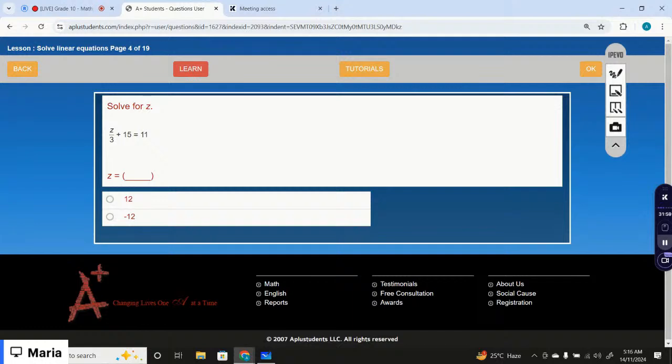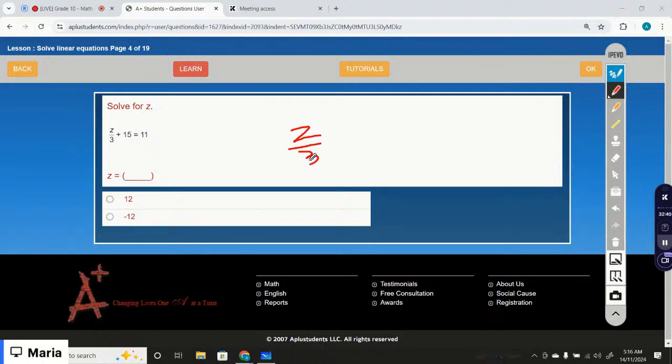Solve for z, so which is the correct option? You have to subtract 15 both sides.